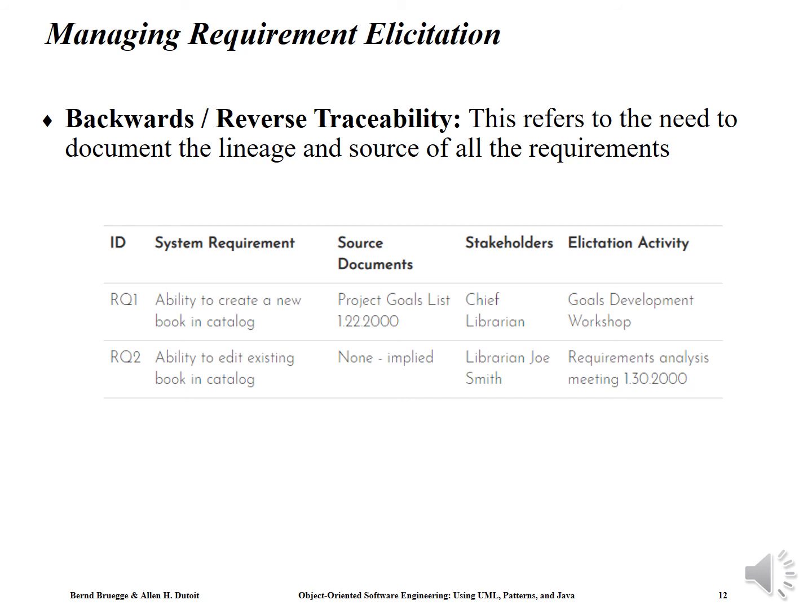Next is backward or reverse traceability. This refers to the need to document the lineage and source of all the requirements. For example, for a system or functional requirement: who is the source of this requirement, where it originated from, what is the stakeholder of the requirement, and as a result of which elicitation activity this requirement originated.